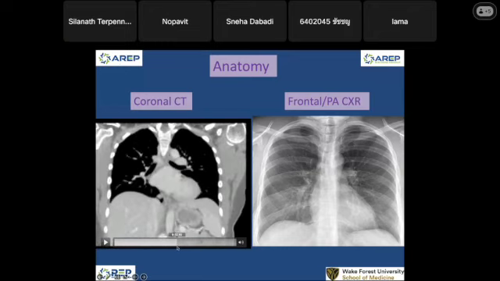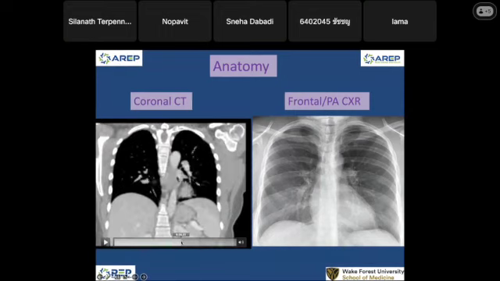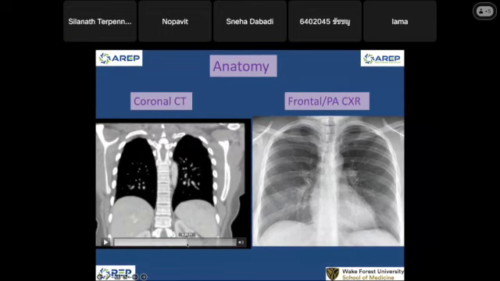We start seeing the spine. So this is my thoracic spine here, and this little guy is the spinous process. And this is the joint with the ribs, in the posterior rib.